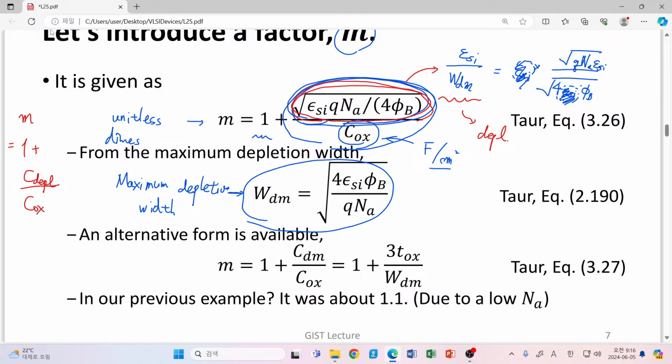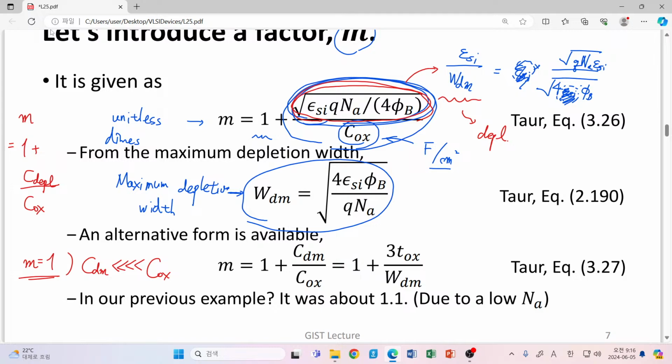How can we get its minimum value? Its minimum value would be, of course, 1. In order to get this minimum value, what we can try is to have depletion charge or depletion capacitance much smaller than oxide capacitance.